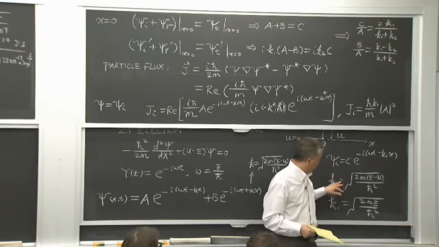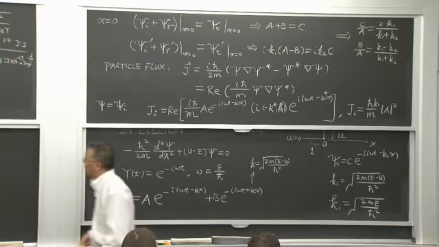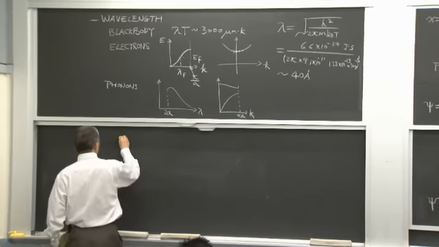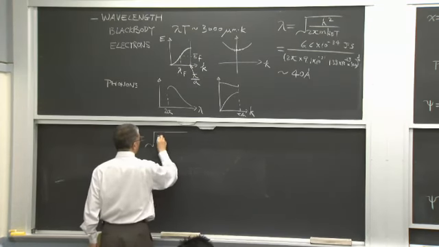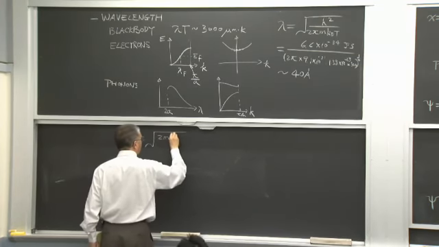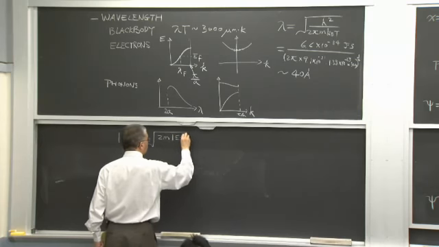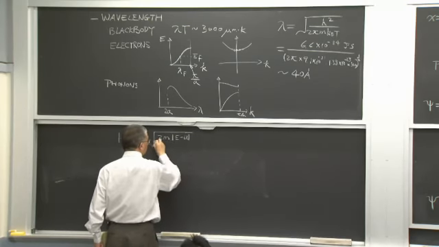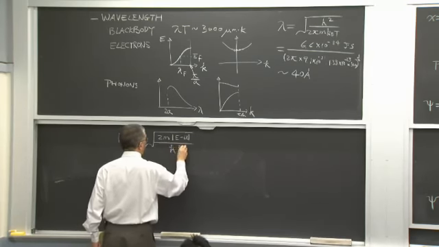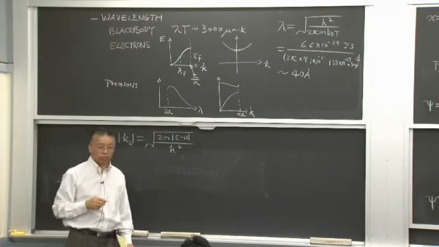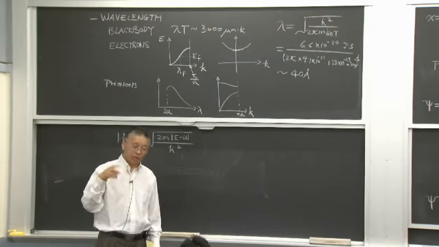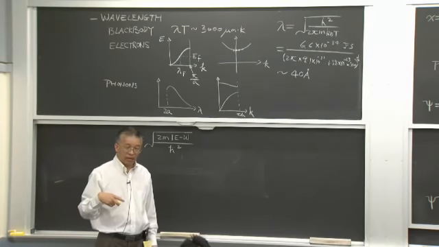So the magnitude of k2 is the square root of 2m, really E minus U, over h bar squared. That's the decay, right? Or U minus E, right?